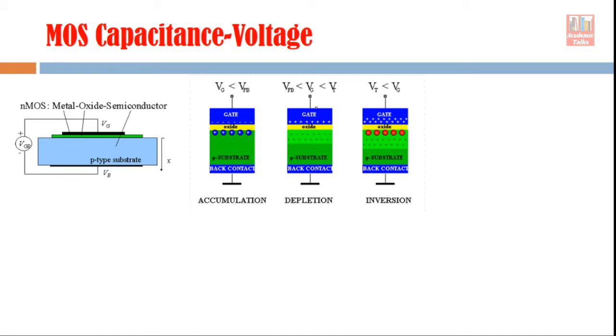inversion starts in the semiconductor side, there is no significant change in the width of this depletion region. When we were in the depletion region, the width was dependent on the gate voltage. As we were increasing gate voltage, the width of the depletion region was increasing. But once the inversion starts, means once the free carrier generation starts, we are getting some extra electrons here. So whatever charge is there on the gate will be balanced by these free electrons.